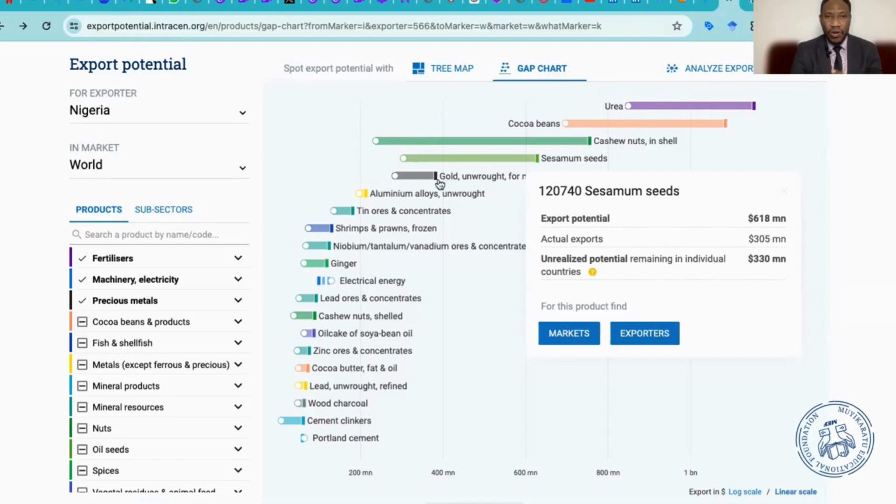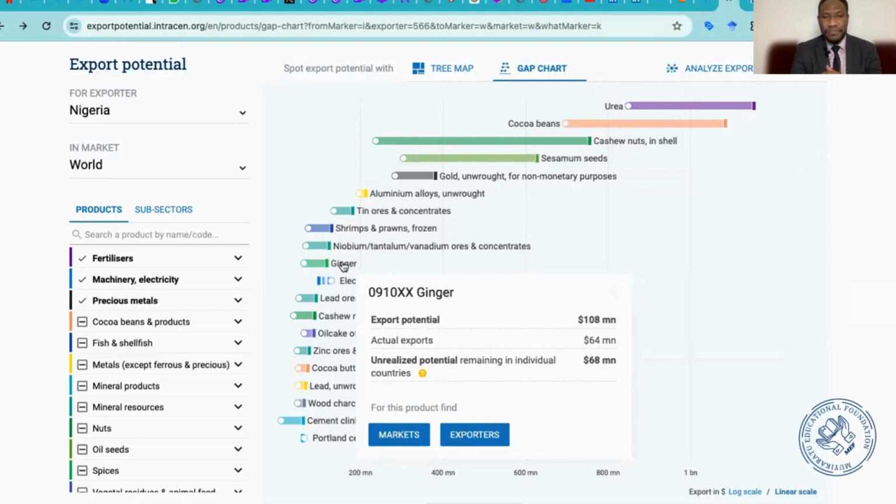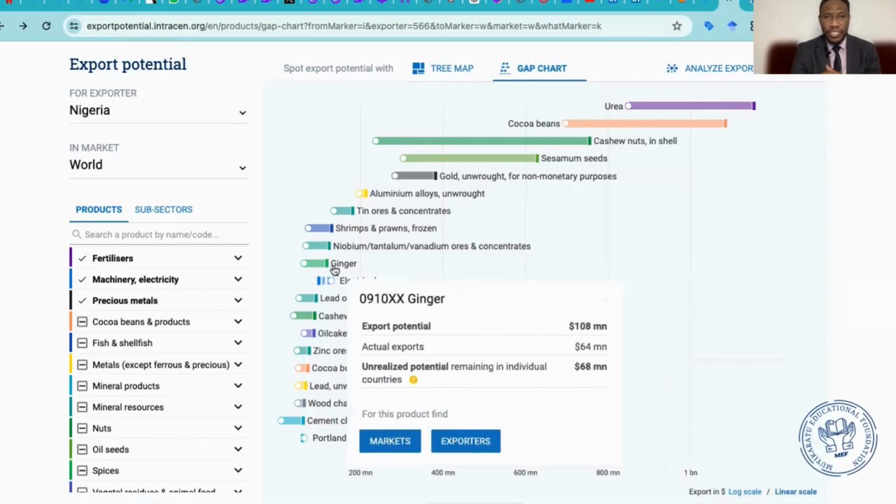I'm not going to talk about all these things. I'm going to move directly to ginger, some of the things that we have in northern Nigeria. So let me pick ginger. This is ginger. Ginger, mostly from the state where I come from, there is a potential from Nigeria for ginger of about 108 million. I believe it's much more than that.